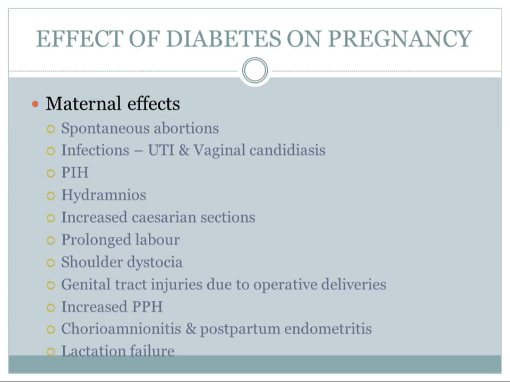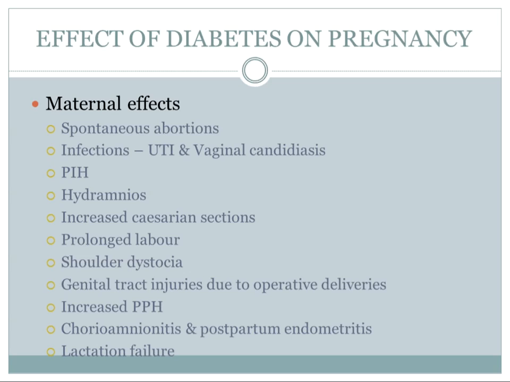Because of the deposition of fat, particularly, and also the increased size of the muscles. All this fat is mostly deposited in the chest and the abdomen. So the shoulders are wider and the bisacromial diameter is more. So the head may be delivered, but because of the large bisacromial diameter, there is difficulty in delivery of the shoulders, what we call a shoulder dystocia.